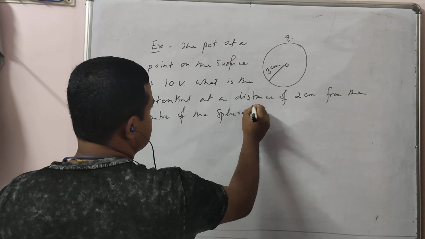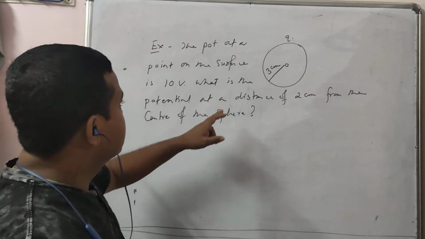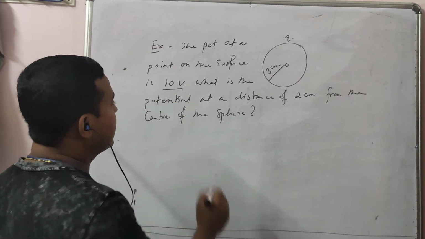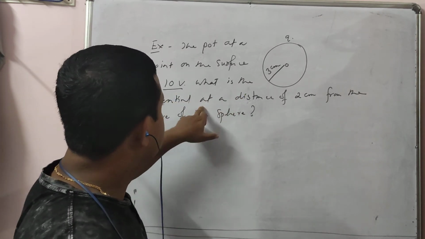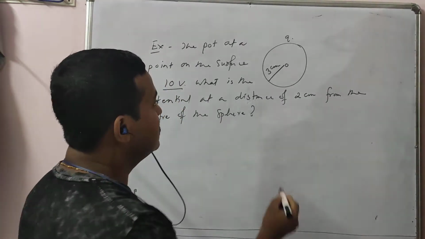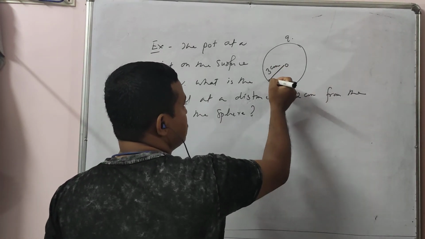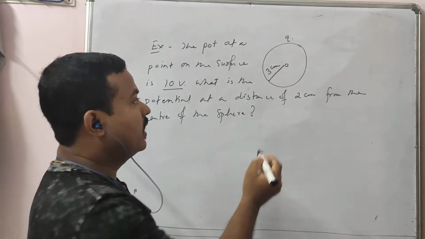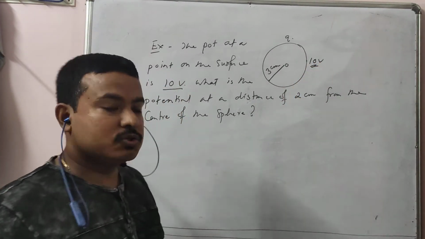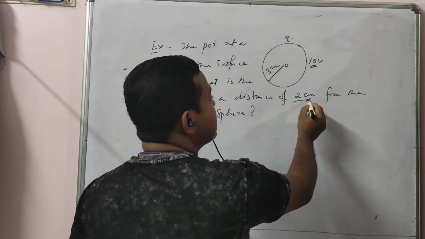So the potential at a point on the surface of the sphere is 10 volt. Now you are asked to find the potential at a distance of 2 centimeter from the center. Now you see the radius of the sphere is 3 centimeter. So at the surface it is given 10 volt. So 2 centimeters means what? Inside the sphere.